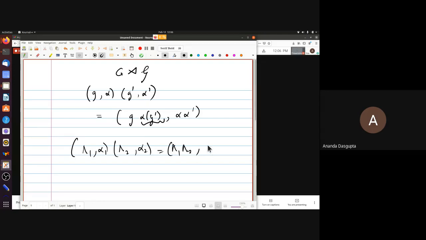And then instead of alpha 1 plus alpha 2, which is the standard group structure in the translation group, what you have is alpha 1 plus lambda 1 alpha 2. So instead of alpha 1 plus alpha 2, the lambda goes and acts on alpha 2 first and produces a new vector, and that gets added to alpha 1. So basically, here the Lorentz group has elements which act on the translation group parameters, which is what is happening here.